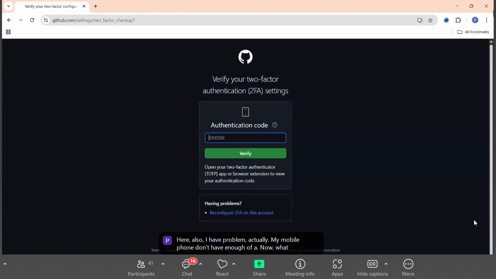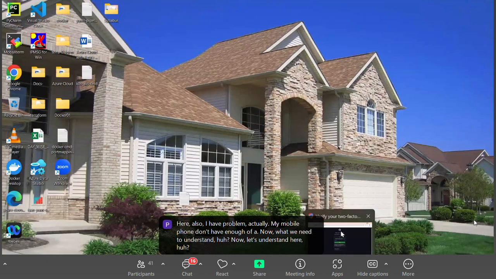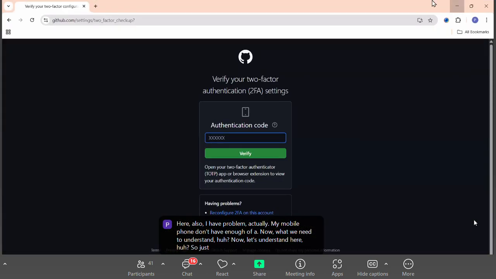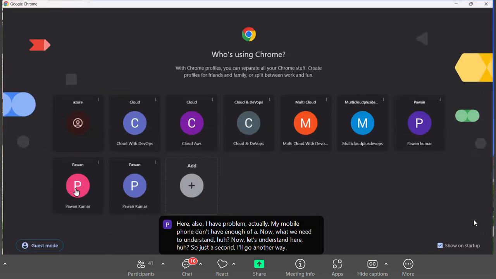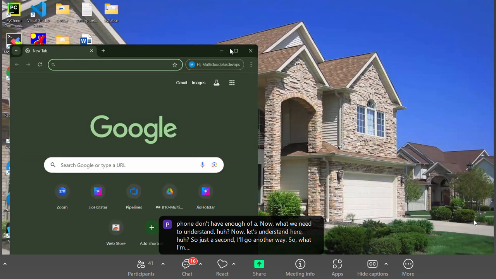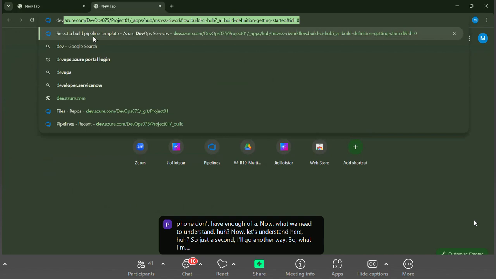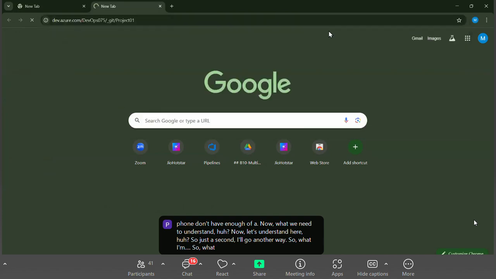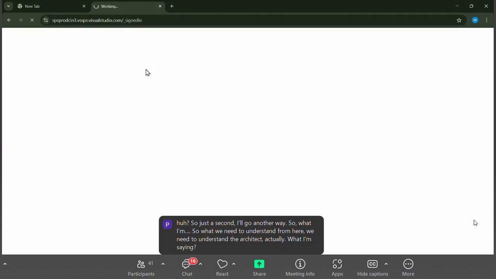Now what we need to understand here is the architecture.